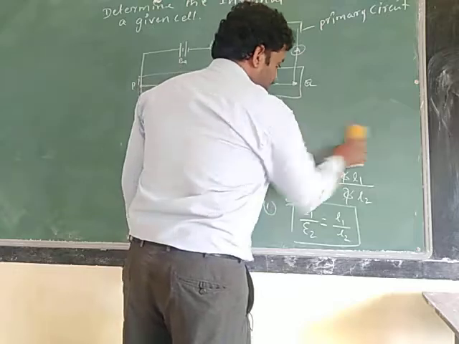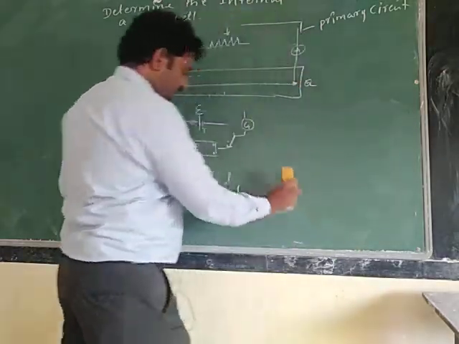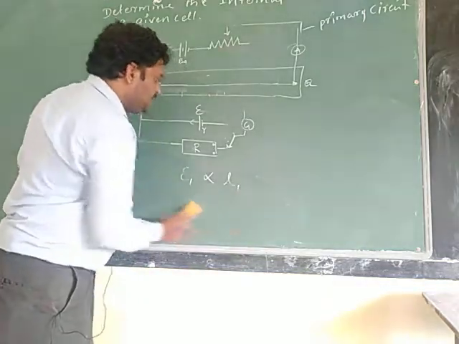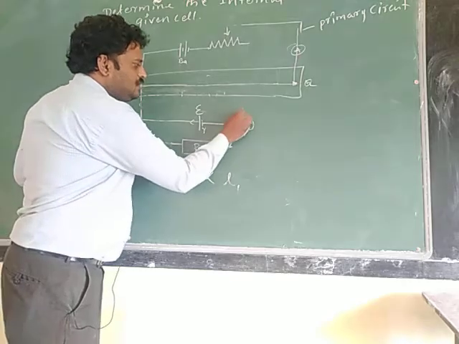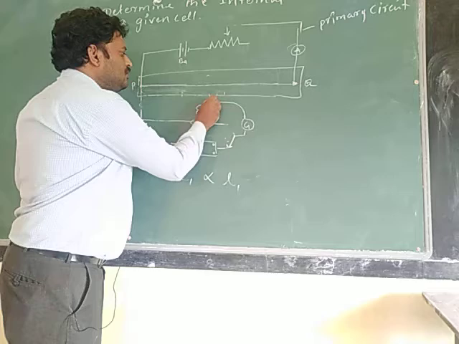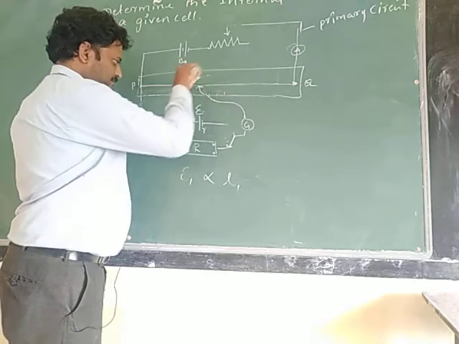So we can repeat the same procedure as we discussed in the earlier case 2. Suppose you take the jockey, which is connected to the galvanometer, with the other terminal of the galvanometer connected like this.